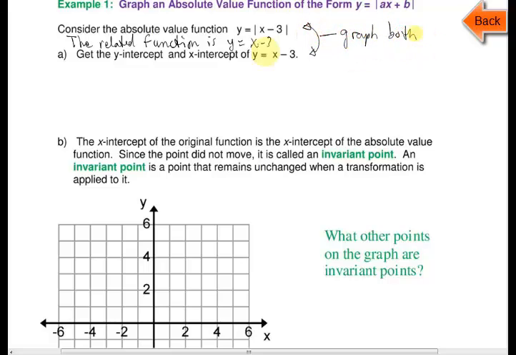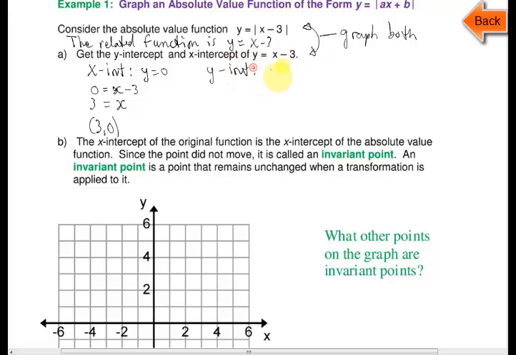Okay, and we're going to start with y equals x minus 3. So we'll get the y and x intercept of that. All right, so x-intercept, remember, happens at y equals 0. We will substitute in 0 for y. Solve for x, and we find x is 3, so our x-intercept is at 3 and 0.